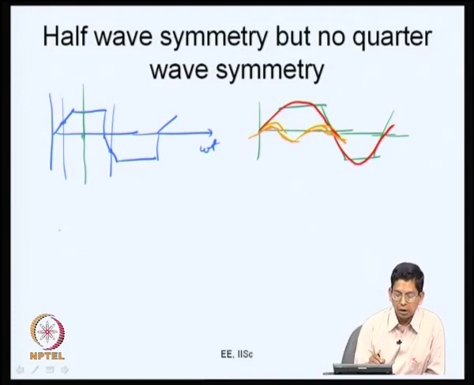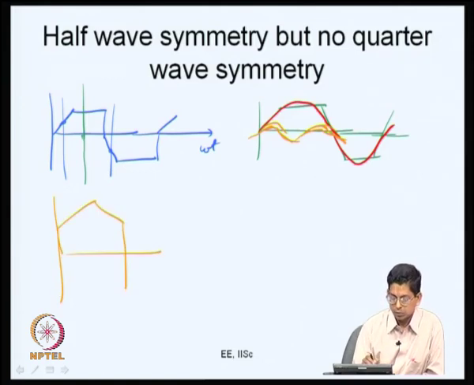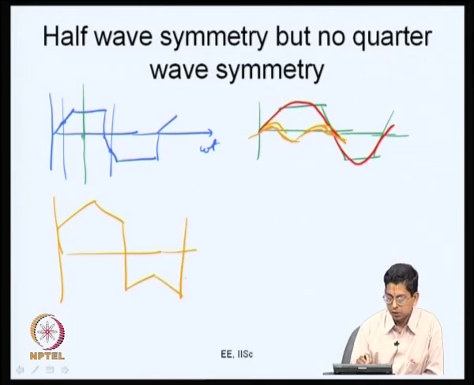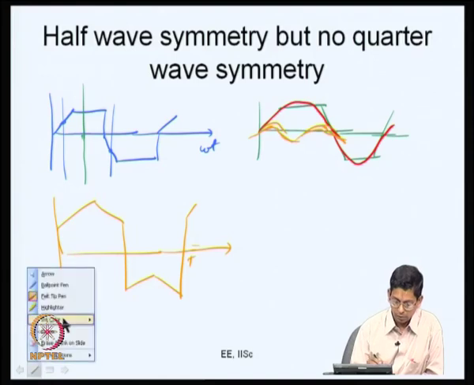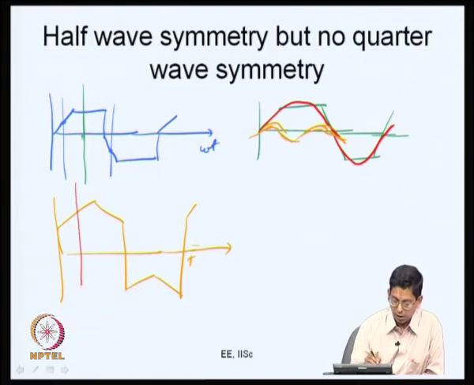I would give one other example. This is a waveform, this is time t. This waveform somehow looks nice, but has no half wave symmetry. If you consider a particular instant here and you consider the next instant here, this is not the negative of the other.